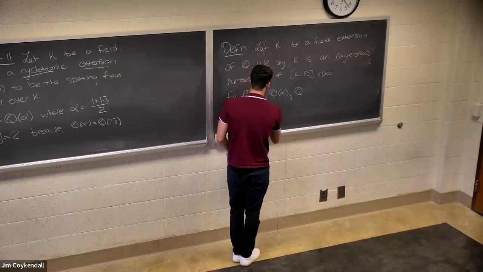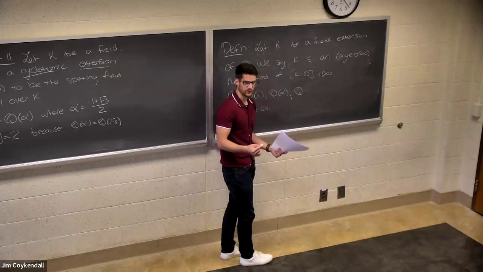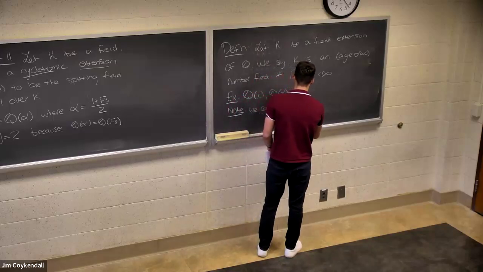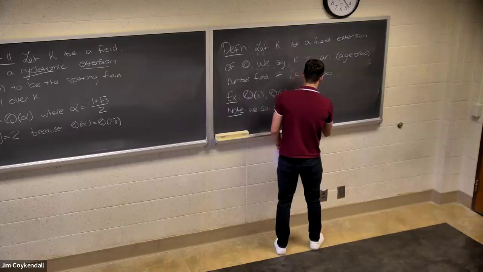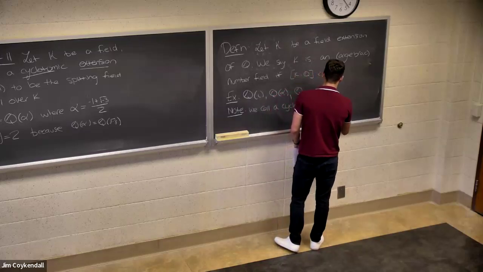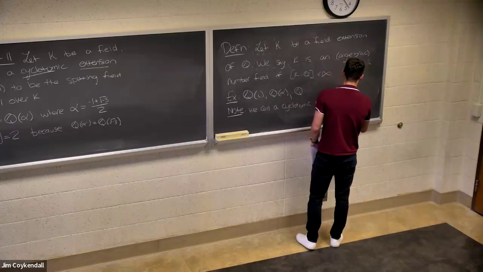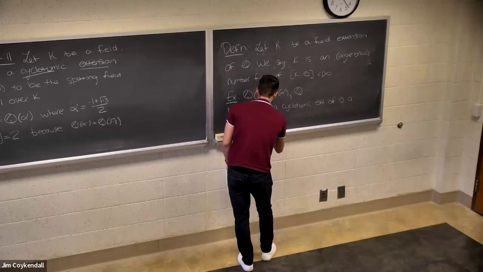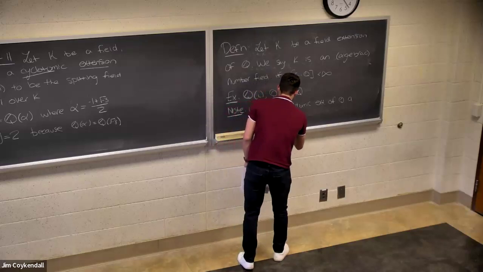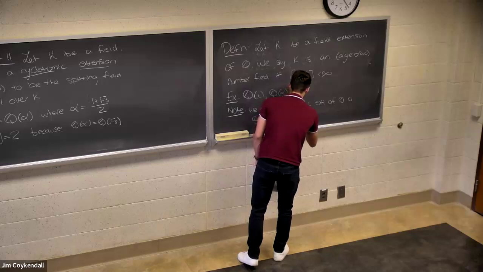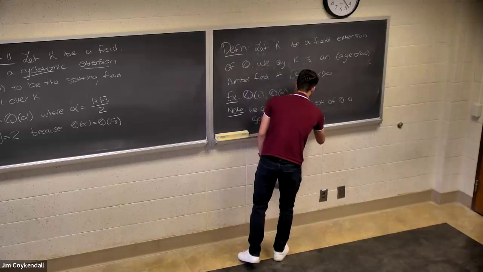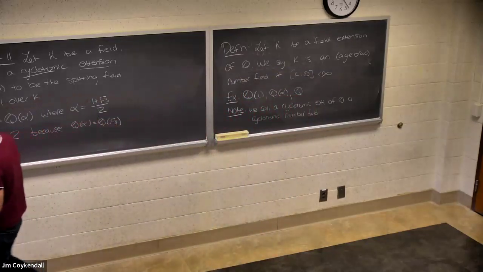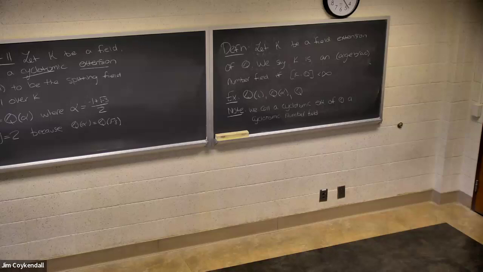We call a cyclotomic extension of the rationals a cyclotomic number field. And these fields play a very, very important role in the history of algebra and number theory, which we're going to brush on a little bit today.